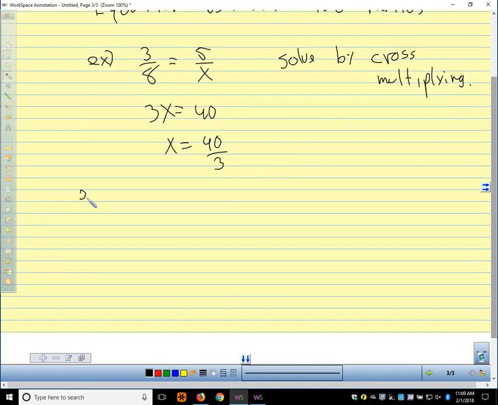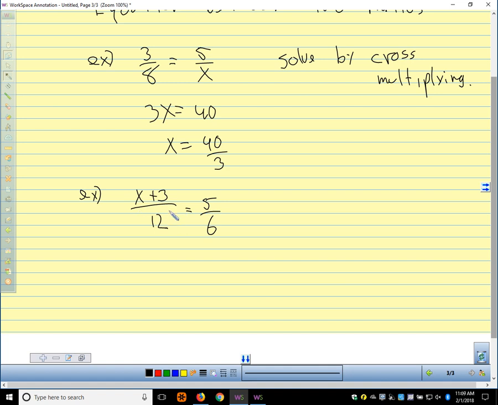Let's look at another example, because I want to show a mistake that's easy to make with proportions. Sometimes we have a proportion that looks like this, where we have not just x, but some expression like x plus something in one part of our proportion.